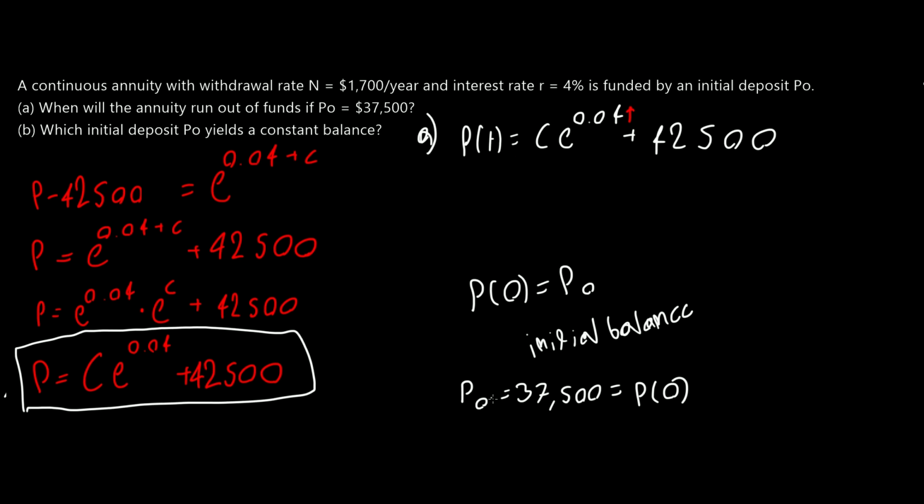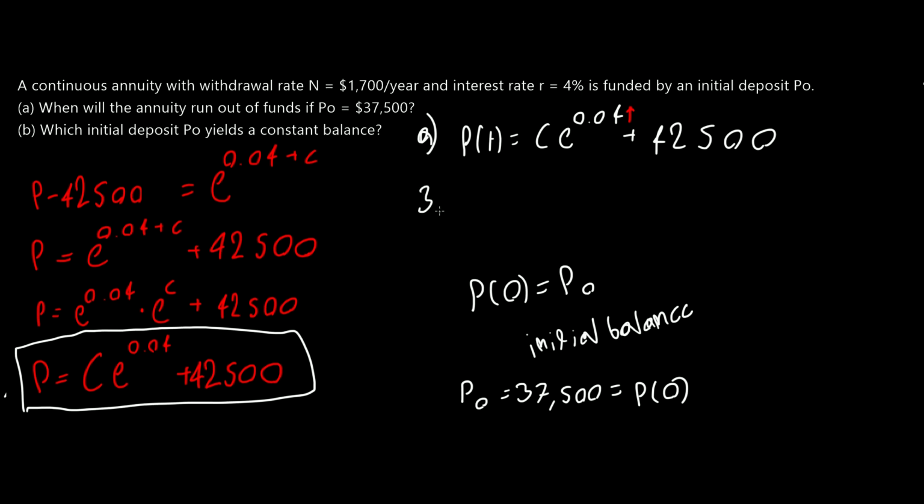So now that we have P sub 0 as 37,500, we know that that'll be equal to our balance at time 0. So we can substitute, instead of putting P of t, we can just put 37,500, and that'll be equal to C times e to the power of 0.04 t, and then plus 42,500.